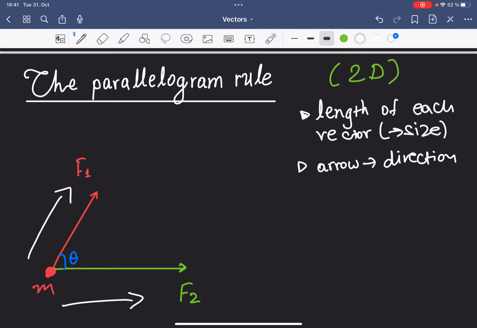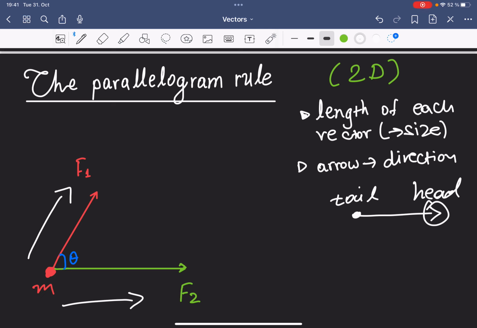What I want you to do is basically copy F1, so the length of F1, and place it at the head of F2. What do I mean by tail and head? When we have a vector, we have its tail and its head, and that's what I mean. The arrow we call the head, and the end of it we call the tail.